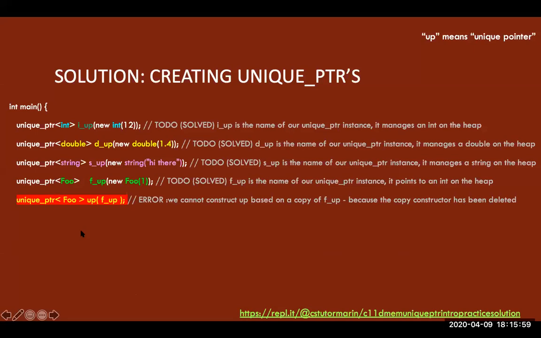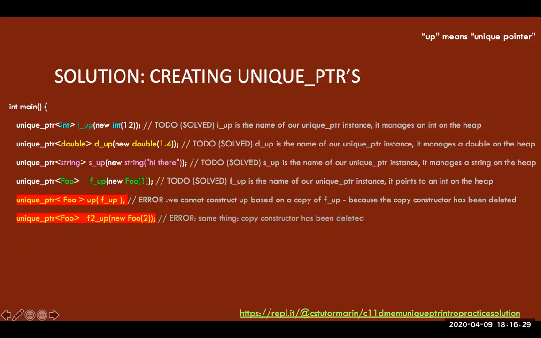Right. Okay, so a couple other things. Let's just click through this. We can't construct the unique pointer based on a copy of a previous unique pointer. So that's not allowed. Even if this was compatible, like if we're passing in a unique pointer to an instance of Foo, we can't do that because the copy constructor has been deleted.